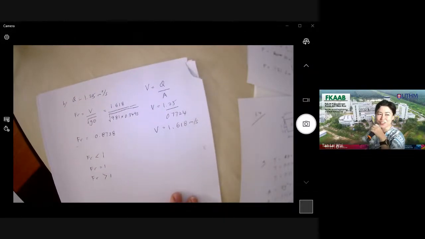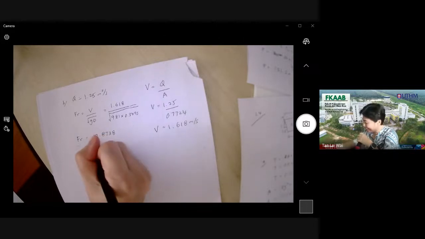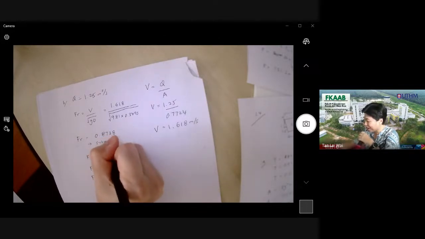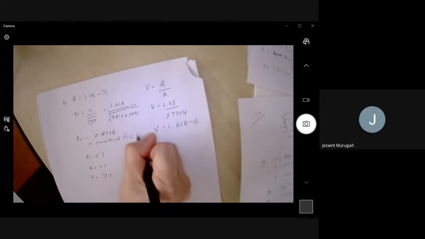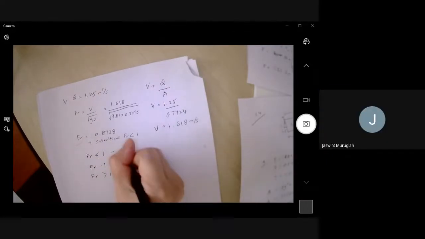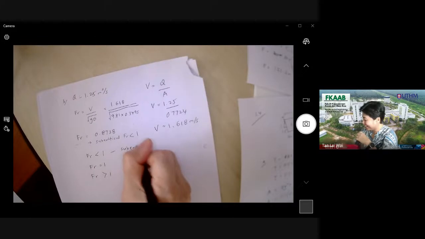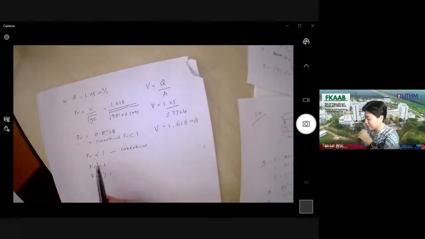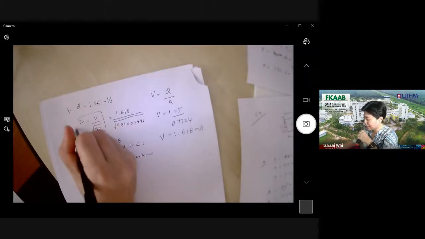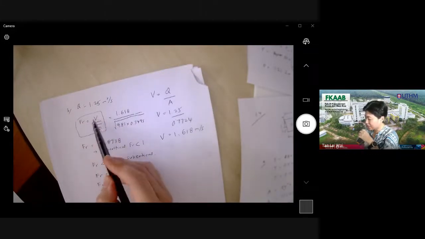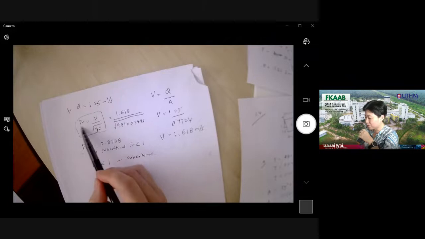Tipo, I think you got it already, right? Yes, it's subcritical. Why? Because the Froude number is less than 1. Great, thank you. So just now kita tengok formula Froude number ni, kalau yang ini kecil bahagi besar, Froude number will be less than 1.